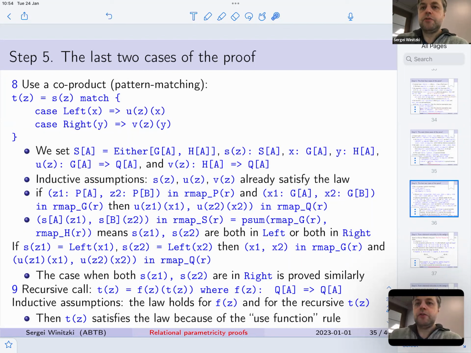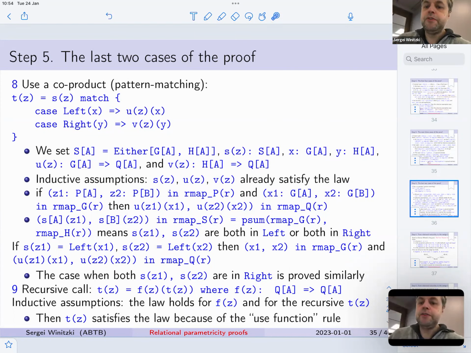So that shows that if the inductive assumptions for S are correct and the values are both in the left, then the inductive assumption of U gives us what we need for T. And if they're both in the right, then the inductive assumption for V will give us what we need for proving that T satisfies the law. So then this is to prove the case 8.